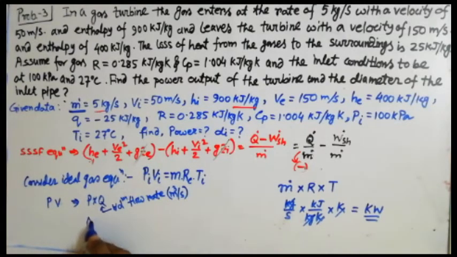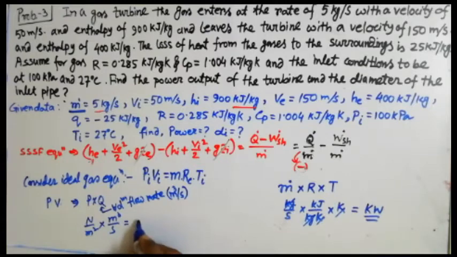Pressure is always in Newton per meter square or Pascal, and volume flow rate or discharge comes with a meter cube per second unit. If I consider pressure in kilonewton per meter square, that is kilopascal, it will be much better and produce kilowatt, because one meter will remain, so kilonewton meter per second, that is nothing but kilowatt.